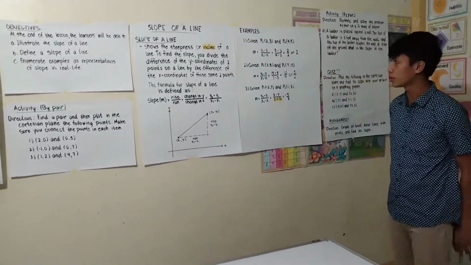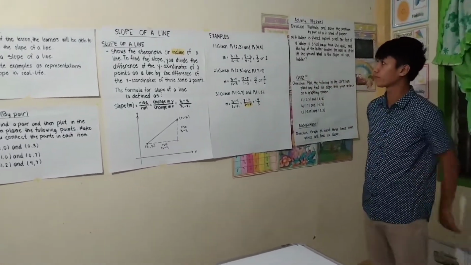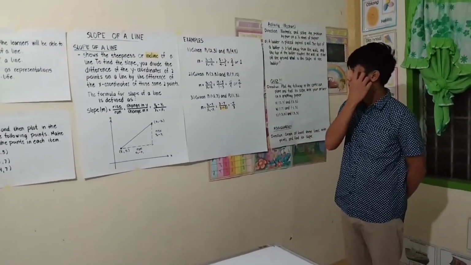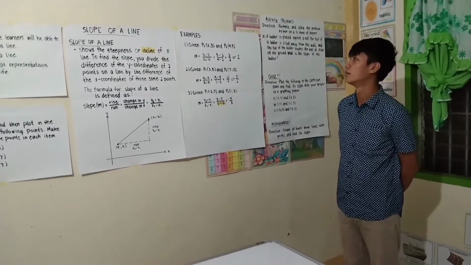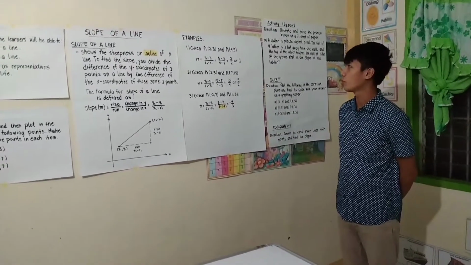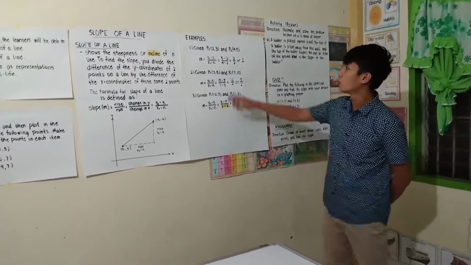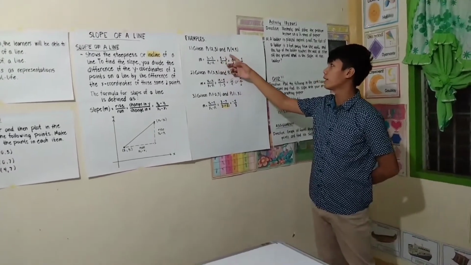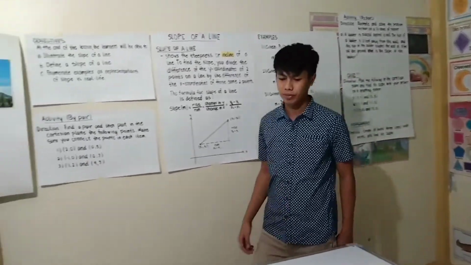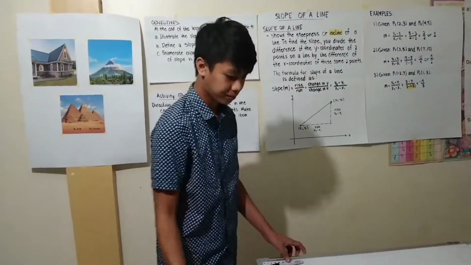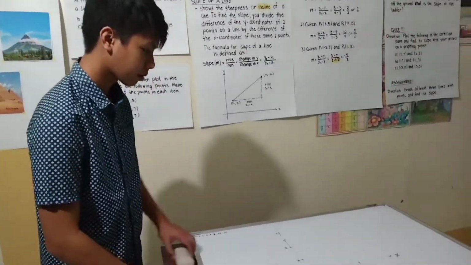Now, to make it more understandable, let's give an example. So, example number 1. Point 1 is equal to (2, 3), and the second point is (4, 5). So, illustrating that one will make it more clear.